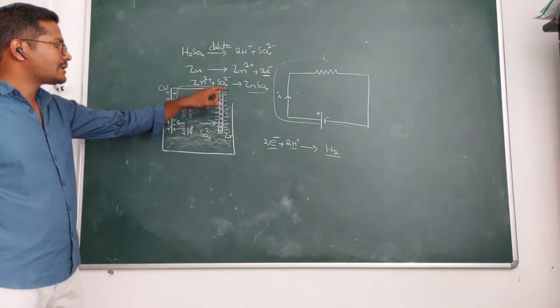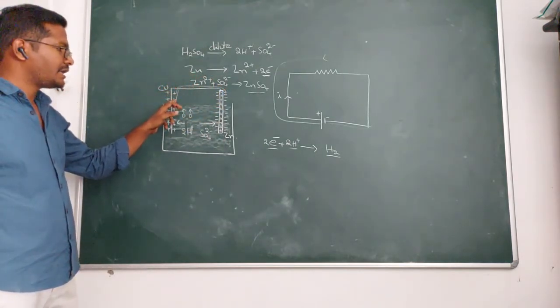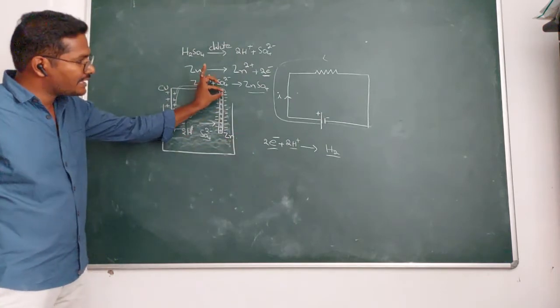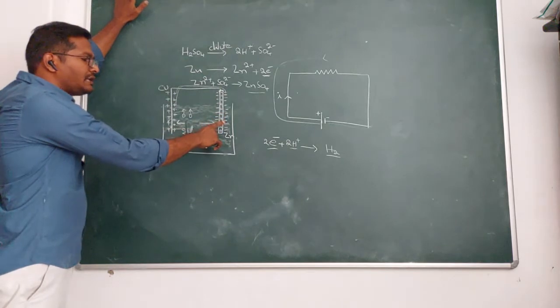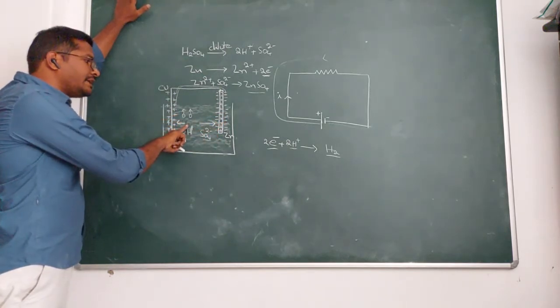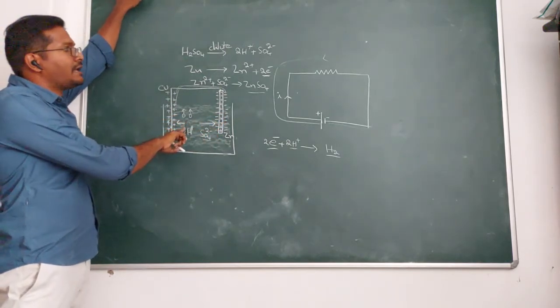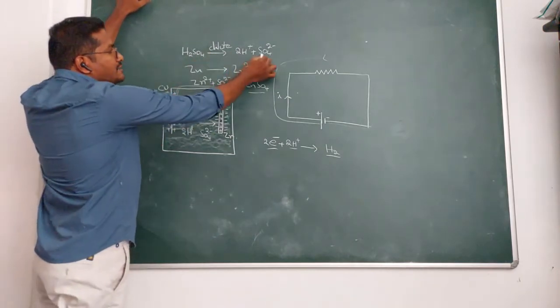As two electrons come here and mix with H+ to give H2, there is a deficiency of two electrons. Those two electrons are made again by splitting the SO4 2- ion from H2SO4.